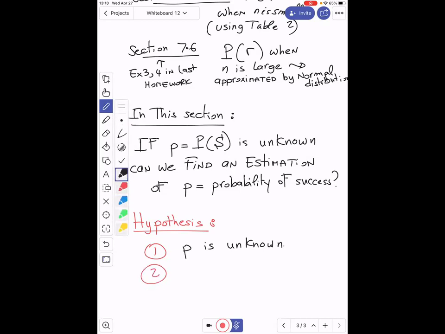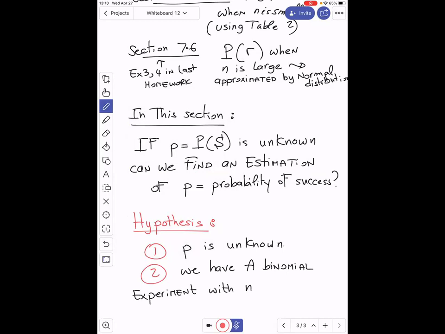And then we have a binomial experiment with n trials.